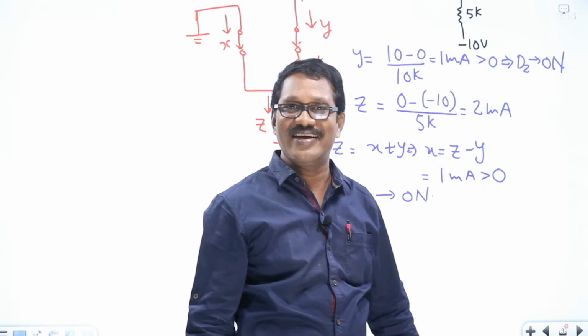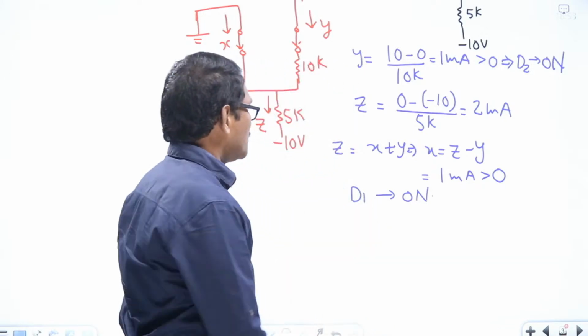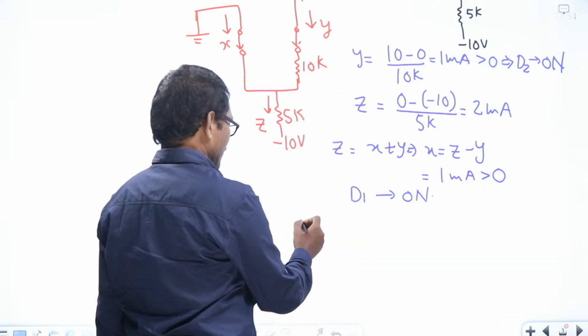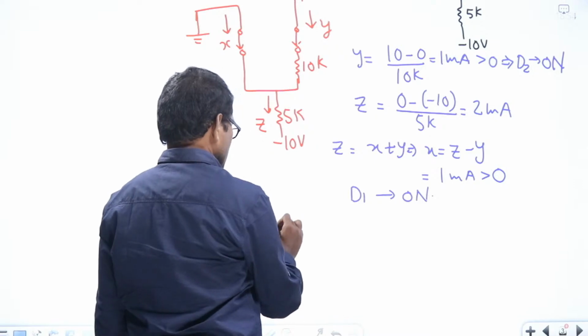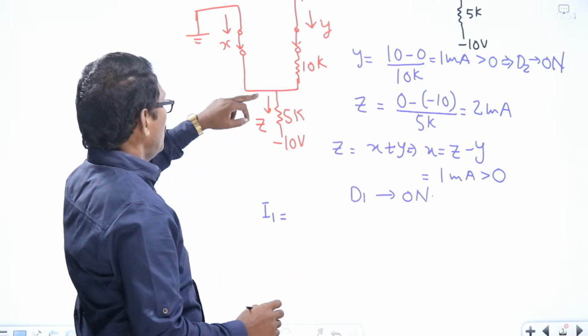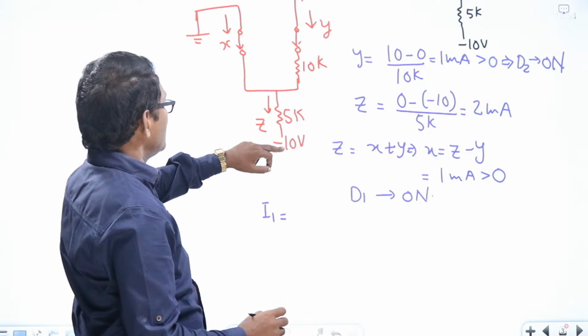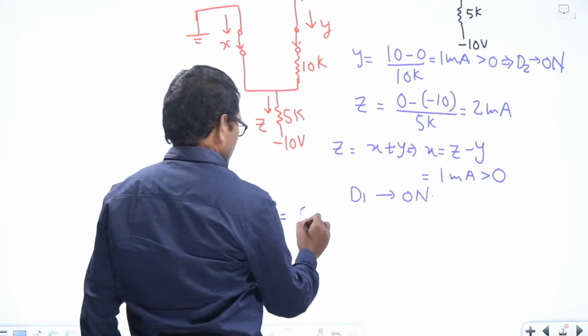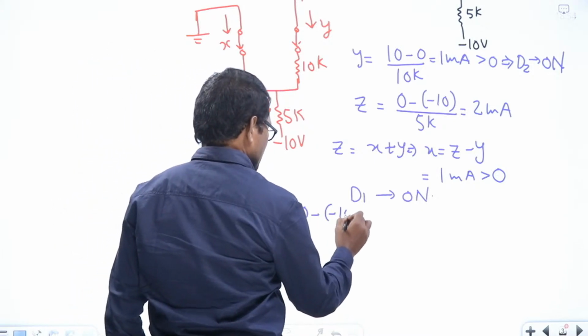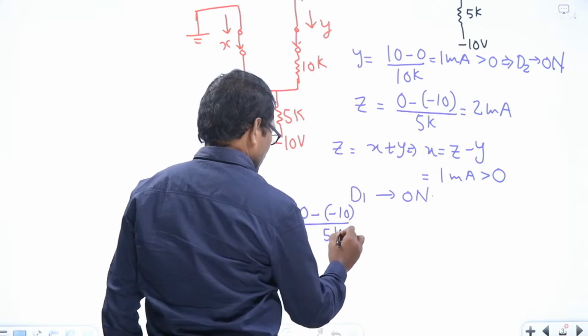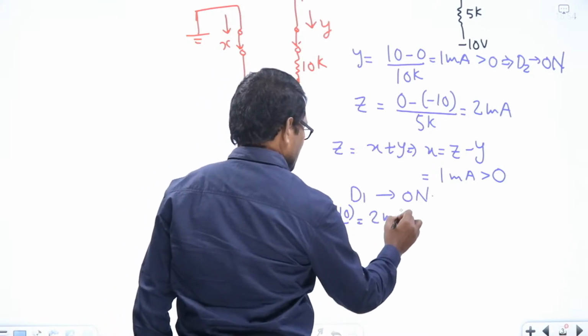You can certify. Now calculate I1. I1 is equal to 0 minus of minus 10 by 5K, that is 2 milliamperes.